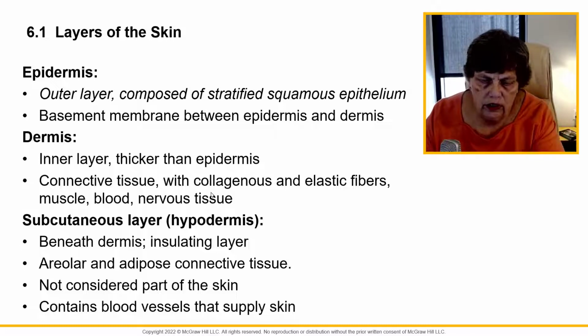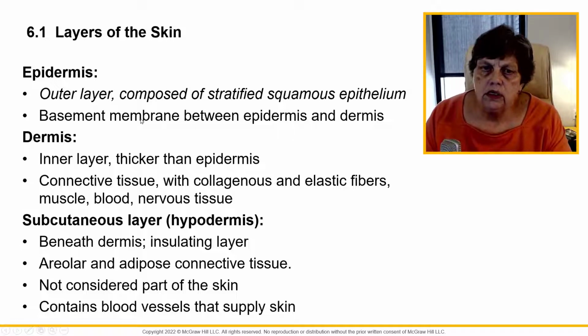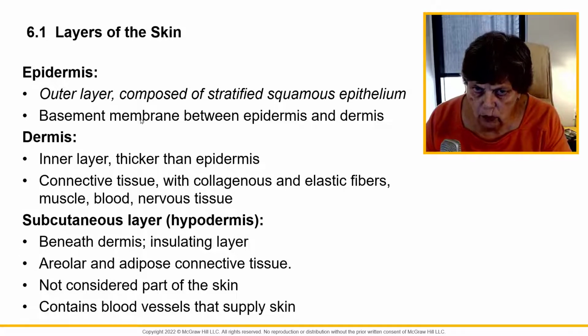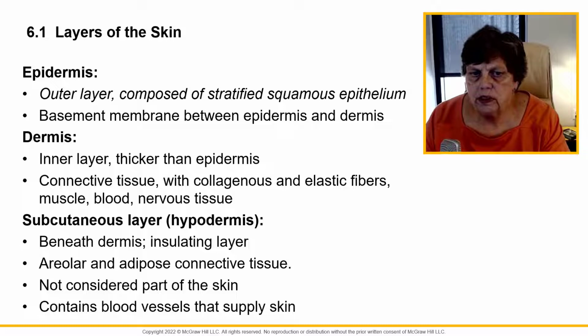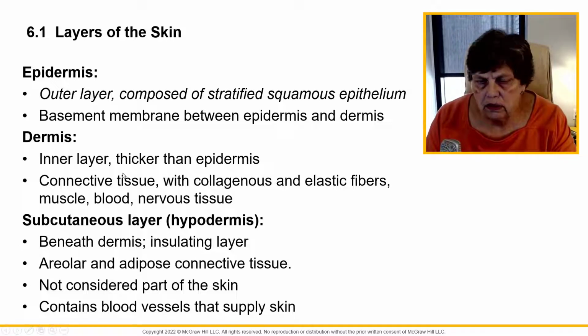You'll probably, hopefully learn that in AP2. But that epidermis, as we said, is composed of stratified squamous epithelium. So it has an apical edge, it has that basement membrane, and that basement membrane lays between the epidermis and the dermis.